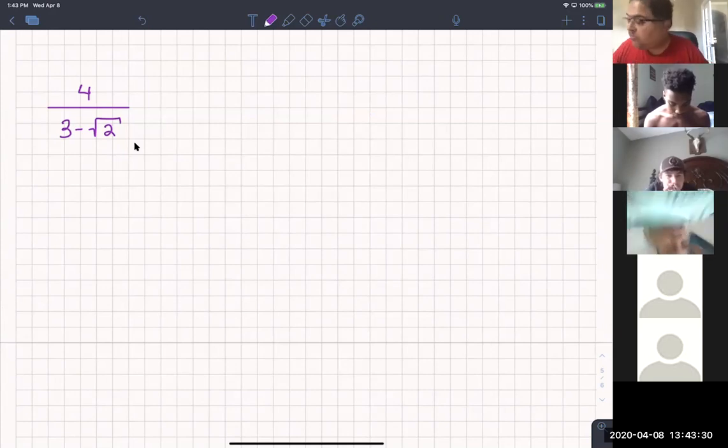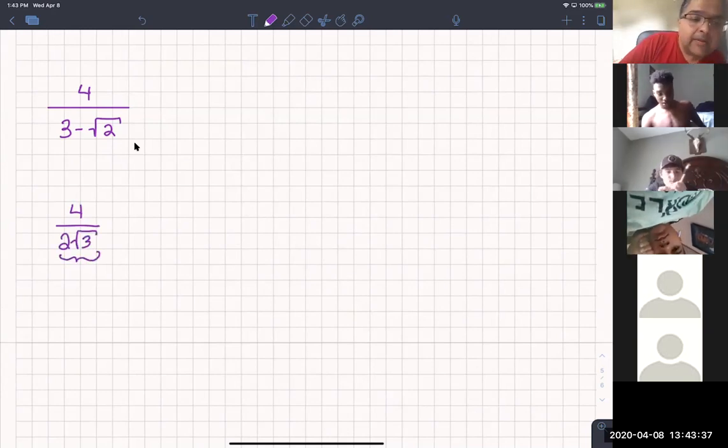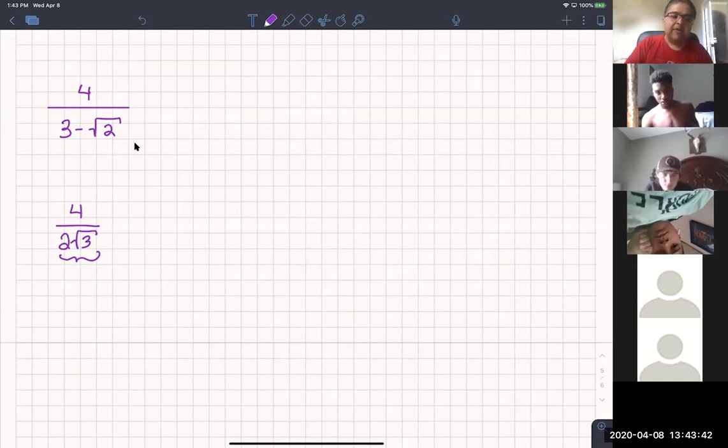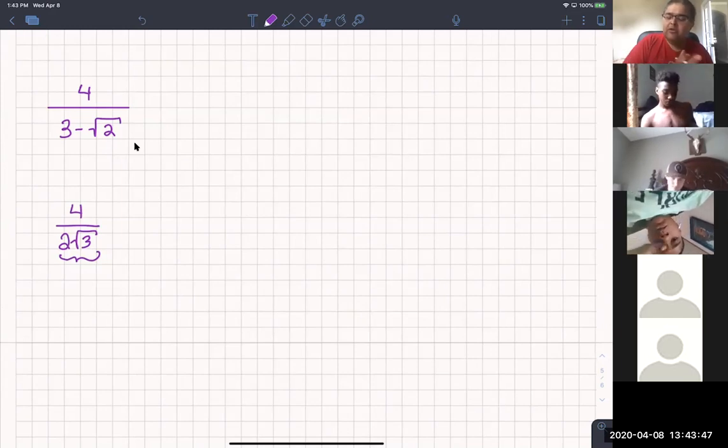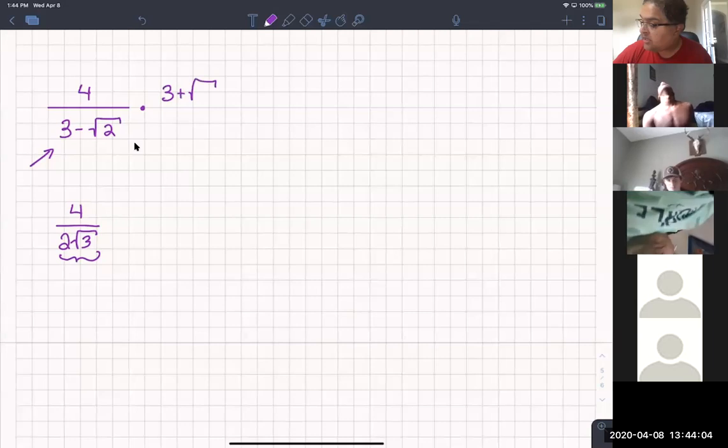In the previous problem, 2 root 3 was one term. Remember, terms are things that are being added or subtracted. But now in this problem, we have a binomial, two terms. So to get rid of the radical, I have to multiply by its conjugate.